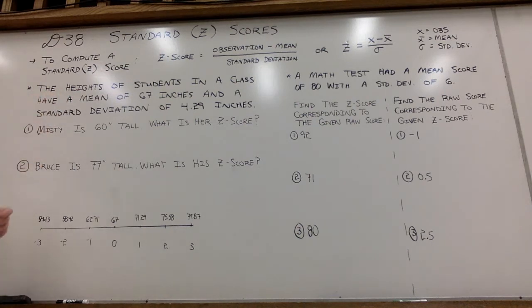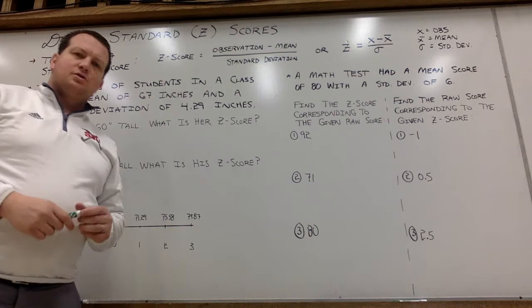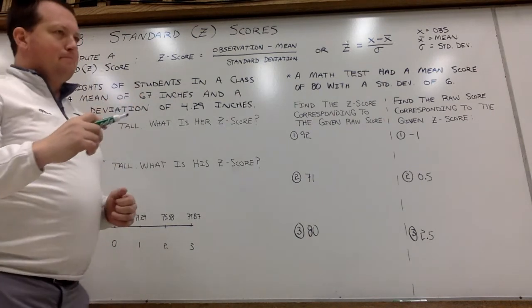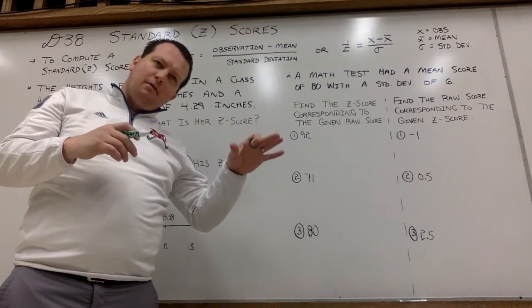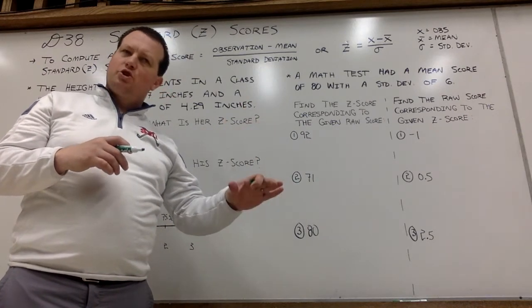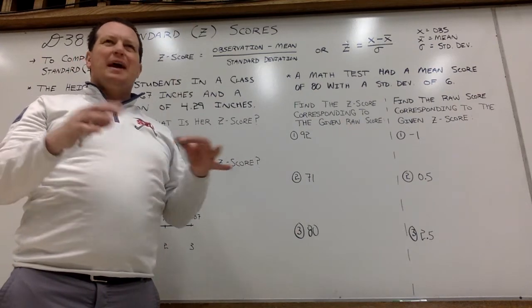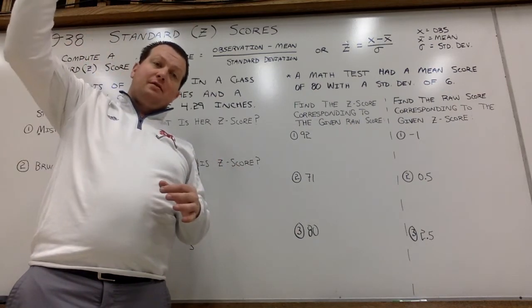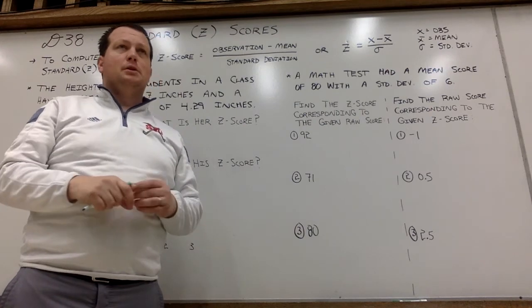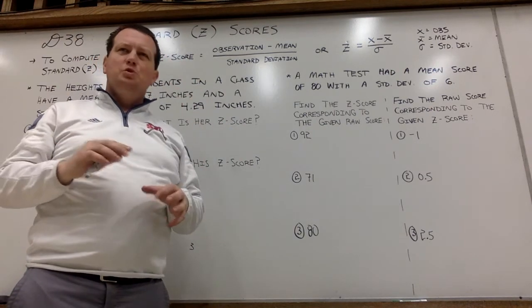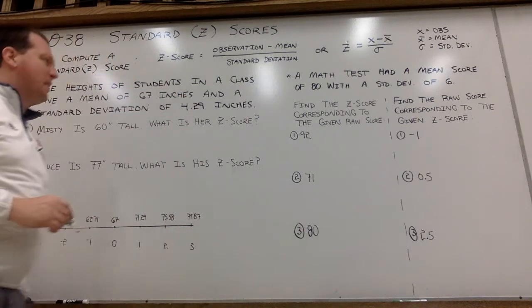So we're going to look at the heights of students. If you think about heights of students, you have some people who might be a little short, but a lot of people who are of average height. Then you might have some outliers, some tall players in the class who might be completely tall, but most people are right around the mean.